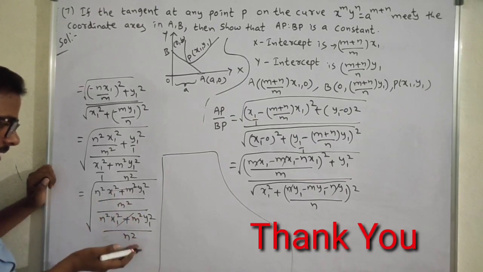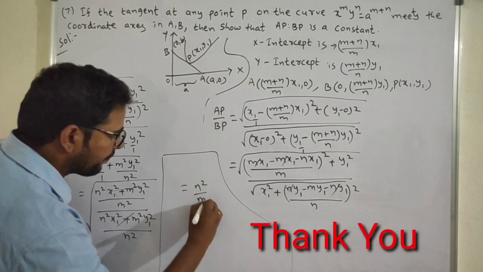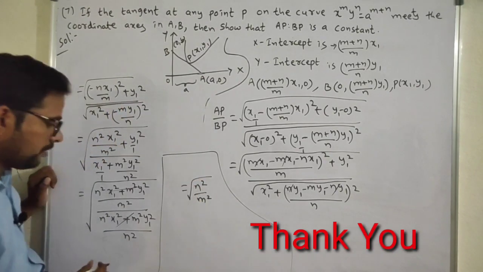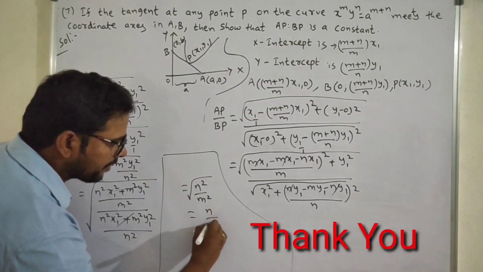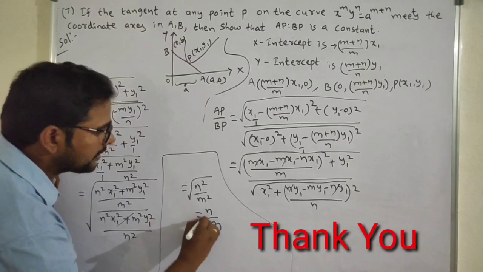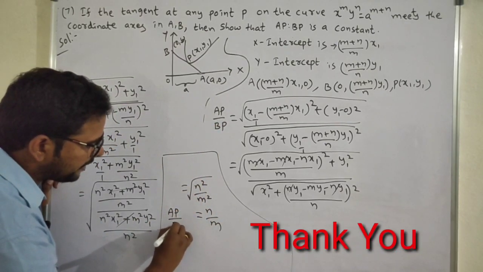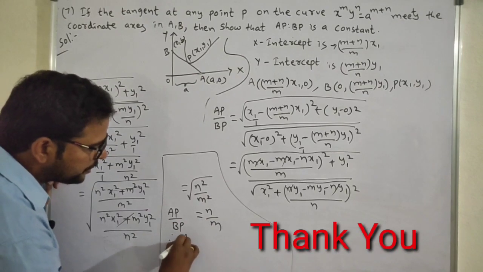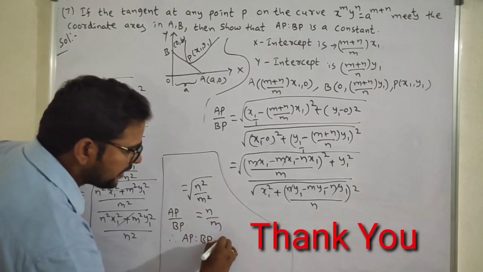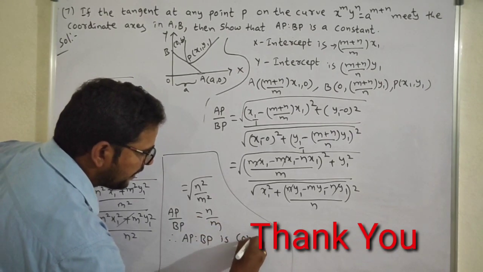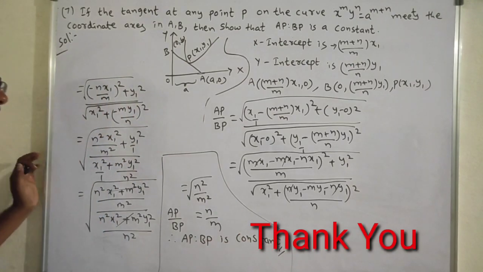The total cancels. This becomes a reciprocal. So what do we get? n square by m square under root. The square root gets cancelled. So what is remaining? n by m. This is the value. AP by BP is equal to n by m. Therefore AP is to BP is a constant. n by m is a constant. AP is to BP is a constant.